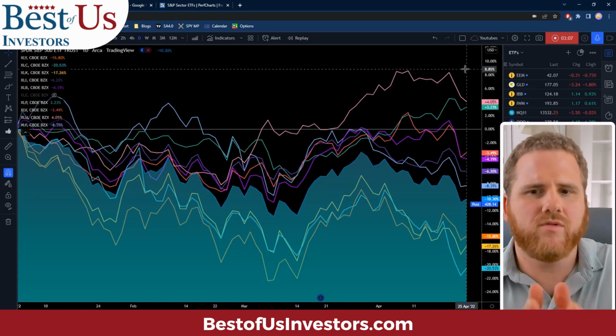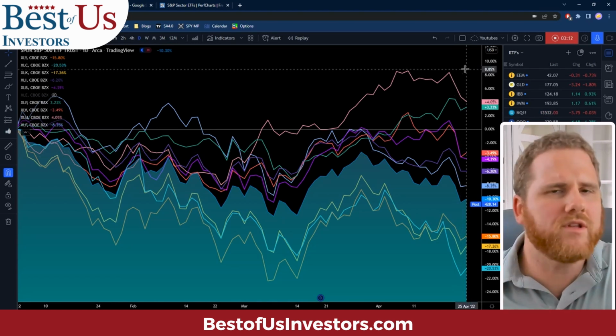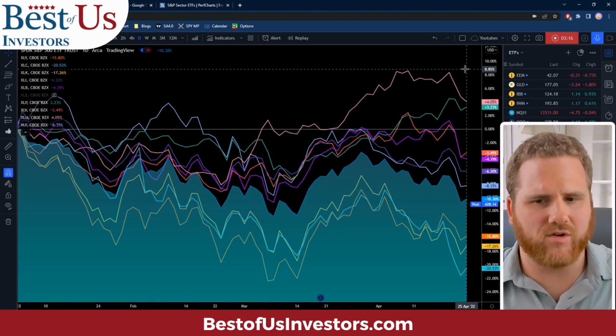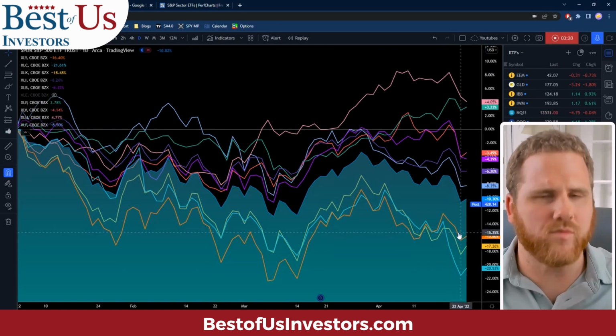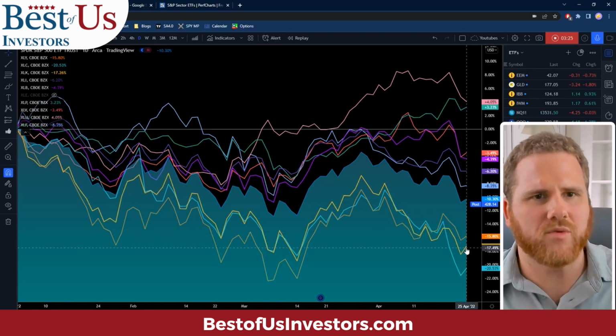So those are definitively outperforming all the other stocks in the S&P 500 as of right now. And of course, our laggers are down here, tech and consumer discretionary. We can see those in the troughs right here.